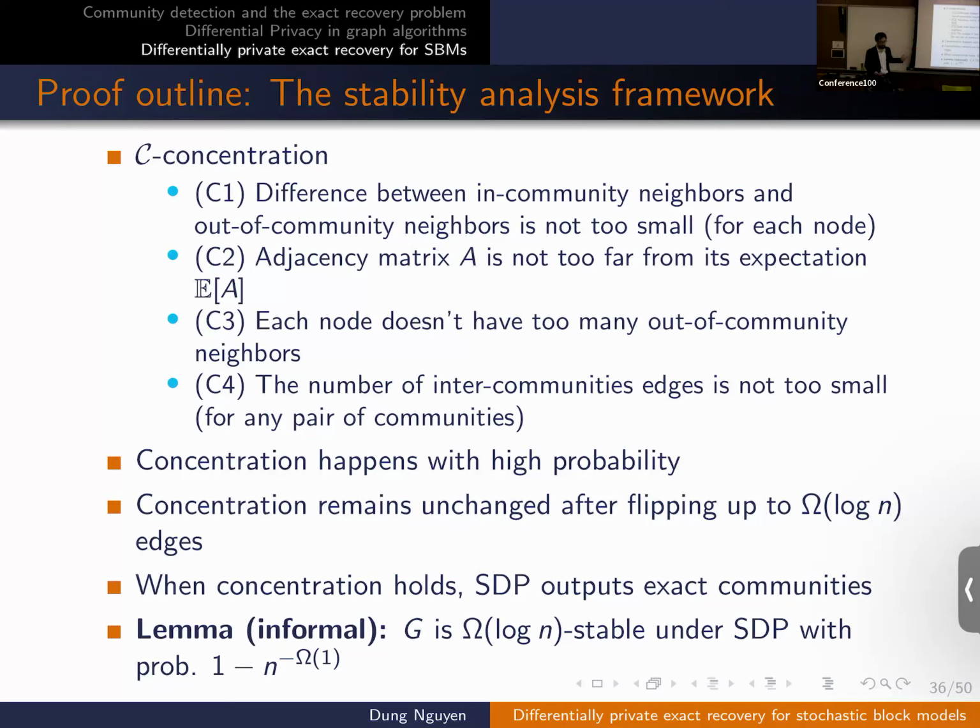And the last thing is we will construct the certificate we saw in earlier slides using the conditions from the C-concentration here. And then from these three statements, we get the theorem that G is log n stable under the SDP with high probability. So this is a high-level view of what we will go into in detail in the next couple of slides.